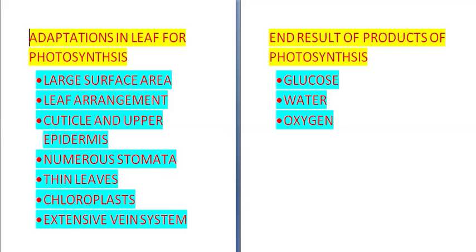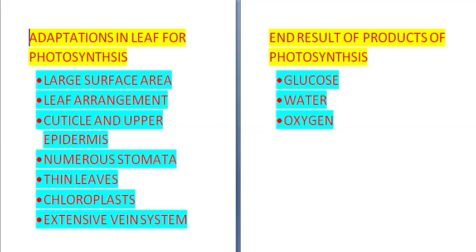Chloroplasts. Chloroplasts are the organelles in which photosynthesis takes place. So they are concentrated on the upper layer of the leaf so that they can get maximum sunlight. Extensive vein system. This is for rapid transport to and from the mesophyll cells.